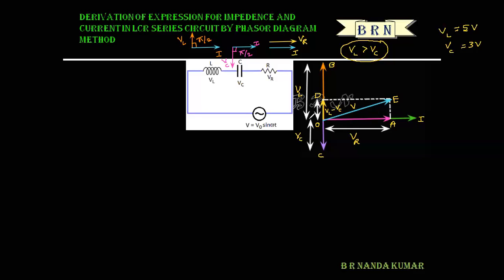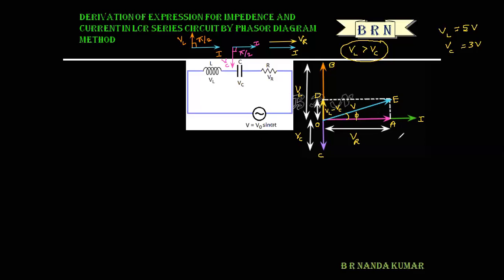What is the meaning of V? V is the resultant voltage across inductor, capacitor, and resistor, all connected in series. So I is the resultant current, V is the resultant voltage. Now consider phi as the phase difference between the resultant current and the resultant voltage.